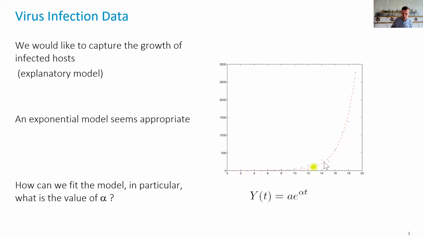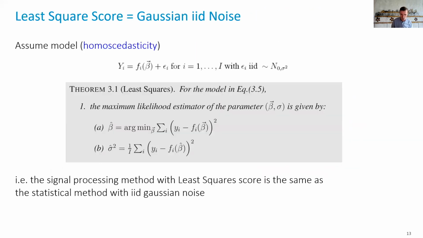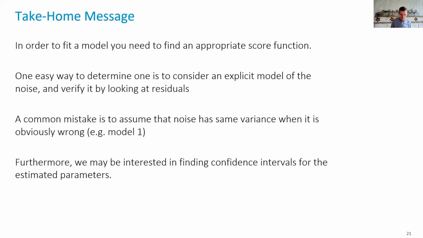So after fitting this, we should wonder whether the least square fit was really appropriate, even if we don't know about all the theorems and the methods that we are seeing now. So take-home message is same variance, be suspicious about it. The fitting might be completely wrong.